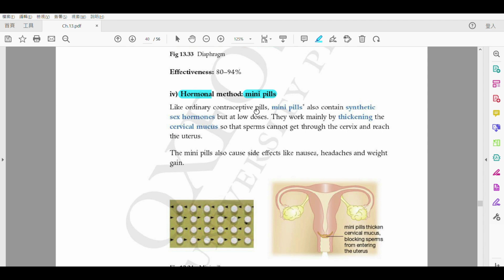What should you do? The day after you carry out the sexual intercourse, or as soon as possible right after sexual intercourse, you need to take this mini pill.